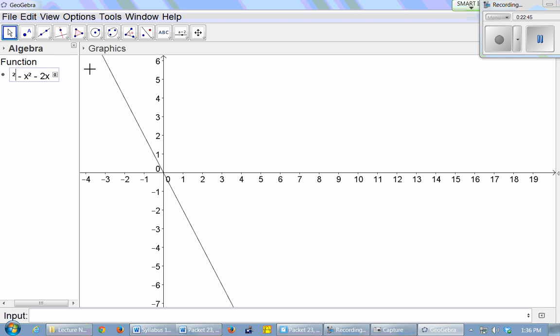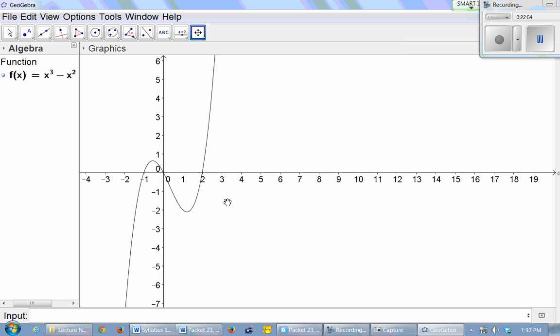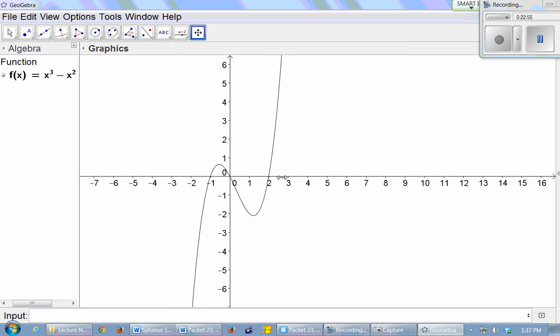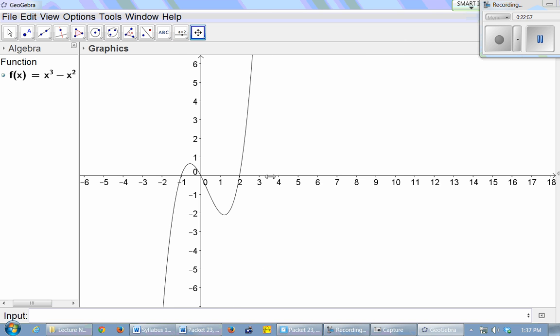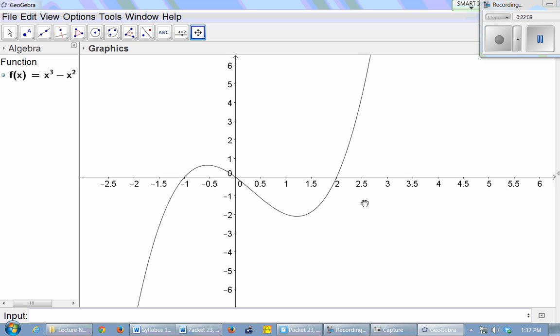It's supposed to be x cubed. There we go. Okay, so does that have the expected x-intercepts that we calculated algebraically? Negative 1, 0, and 2. Yeah.